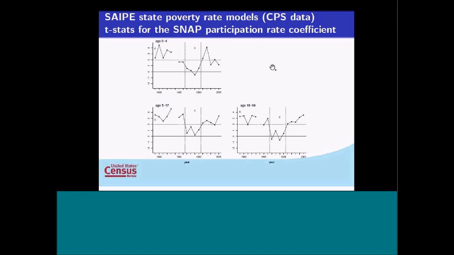And in the middle part here, this is between 96 and 97 when welfare reform went into effect. And that changed how the program was administered. And what happened was for all 3 age groups here, the key statistics went insignificant for the most part. And over time, the program stabilized, it came back, and we ultimately put the variable back in the model.